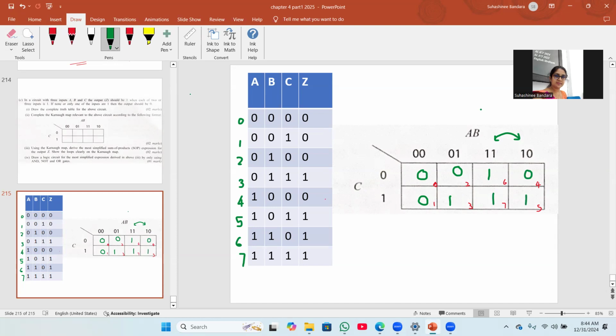Look again. Position 0 is 0, 0, 0, 1 is 0, 0, 1, 2 is 0, 1, 0, 3 is 0, 1, 1, then 4 is 1, 0, 0, 5 is 1, 0, 1, that is on, then 6 on, 7 on. 1, 2, 3, 4 on, yes. So this is the output.